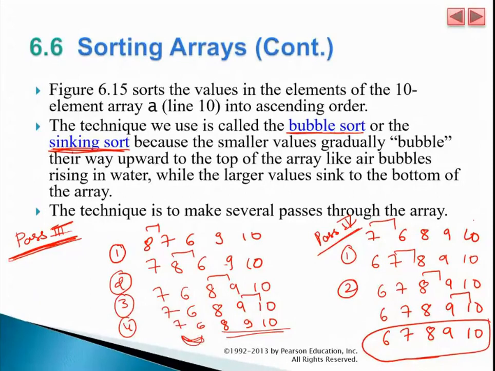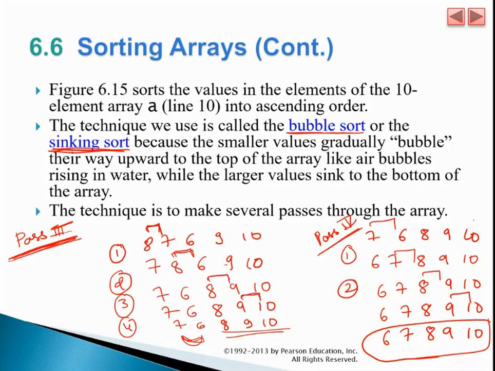Yes, ma'am. And within one pass, how many comparisons do you need to do? Again, size minus 1. Why? Because each time we are comparing two elements. So 1, 2, 3, 4.